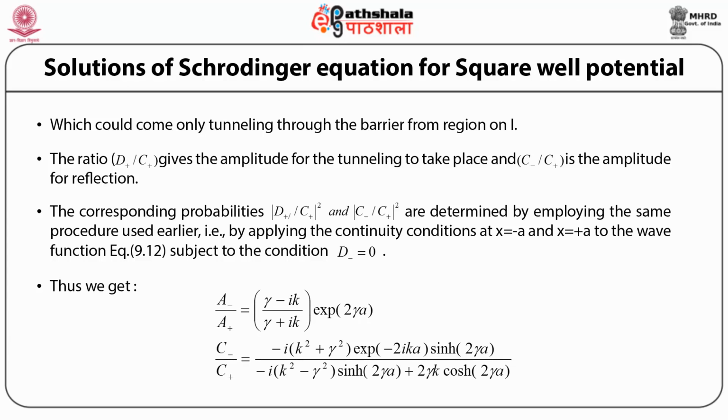Thus we get a minus by a plus is equal to (gamma minus iota k) by (gamma plus iota k) into exponent of 2 gamma a, and c minus by c plus is equal to minus iota into (k squared plus gamma squared) into exponent minus 2 iota ka into sinh of 2 gamma a, the entire term being divided by minus iota into (k squared minus gamma squared) into sinh of 2 gamma a plus 2 gamma k into cosh of 2 gamma a.